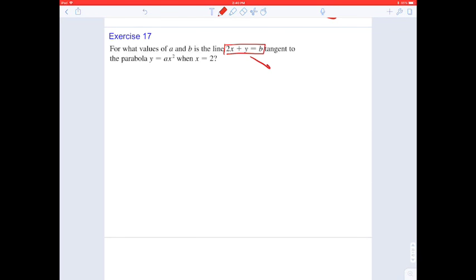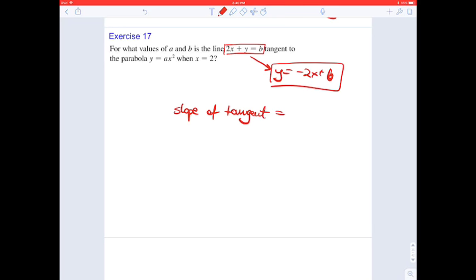That means if this is tangent, y equals -2x plus b, it's telling me that the slope of the tangent is -2. The slope of the tangent is the same as the slope of this line, which is -2.